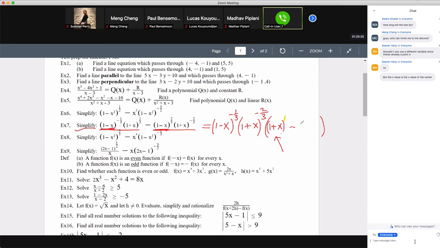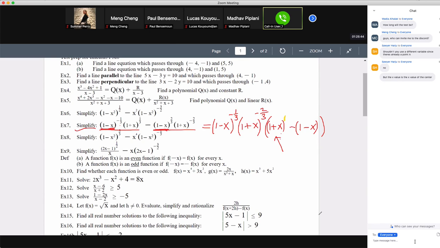So it looks like we do need 1 minus x. 1 minus x to what power? Just 1. So 1 minus x to negative 1/3 power times 1 minus x is 1 minus x to the 2/3 power. There we go.